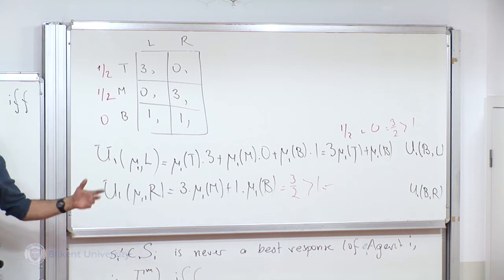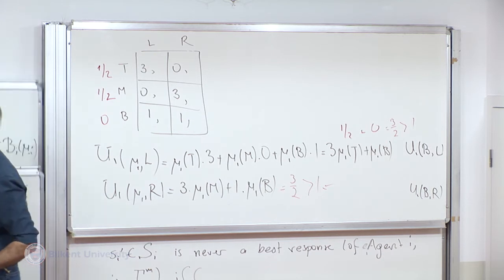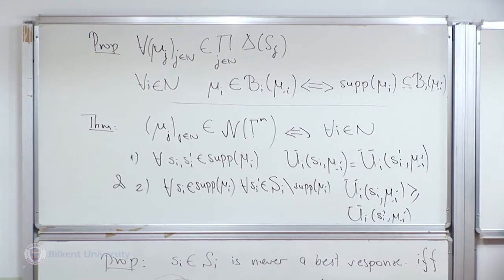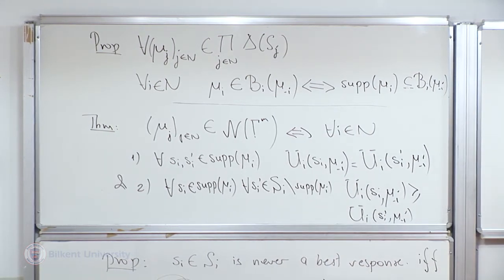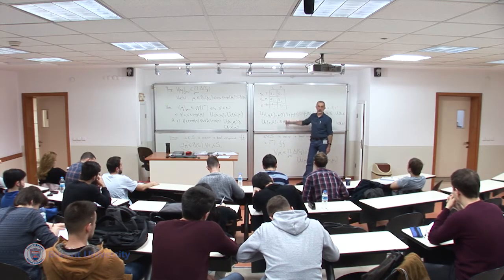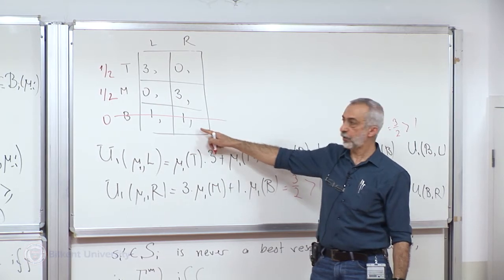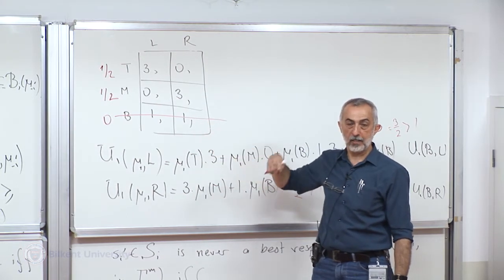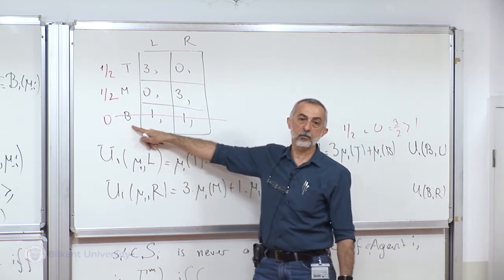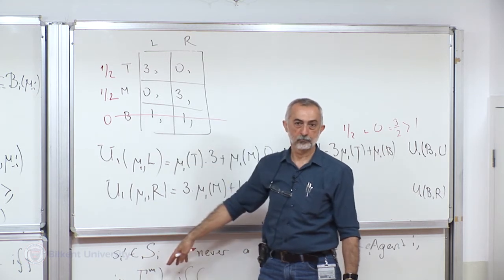Which simplifies my task. When I'm using this theorem, I do not have to consider the strategy of player 1. I know that at any Nash equilibrium, player 1 will play B with probability 0, because of this case.